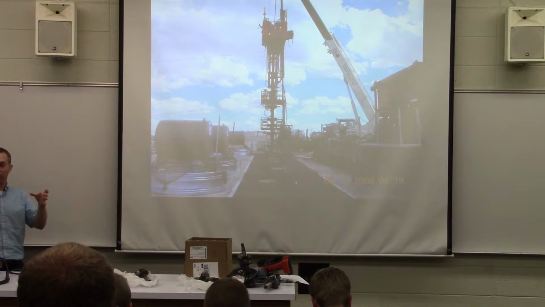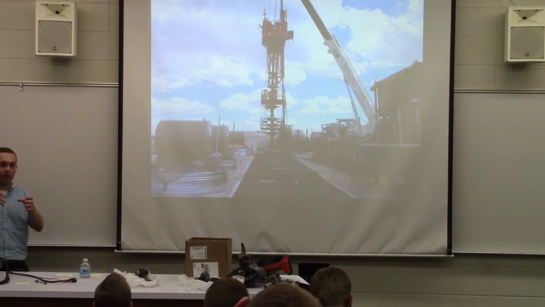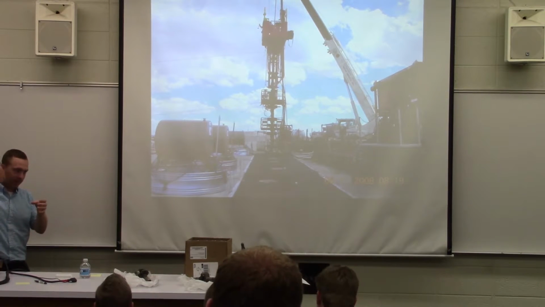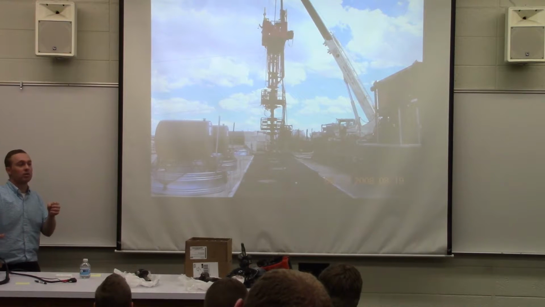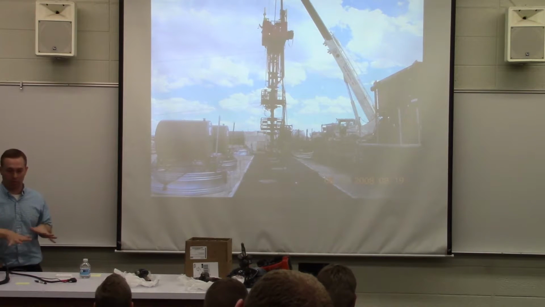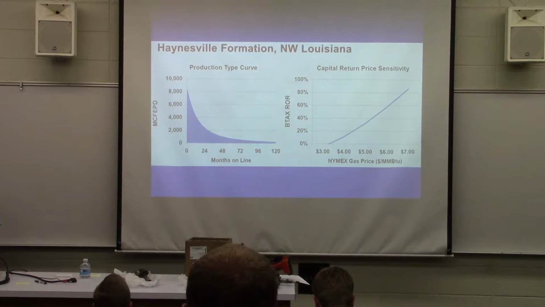So above ground, several wells come to one point. But underground, they might be going down 4,000 or 5,000 feet, and then turning and going horizontal, so those wells are very spread out, but on the surface they come together. Again, if you haven't seen things like this before, I thought you might find it interesting.